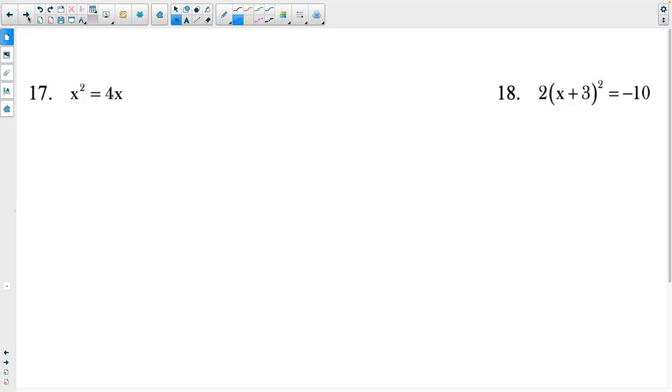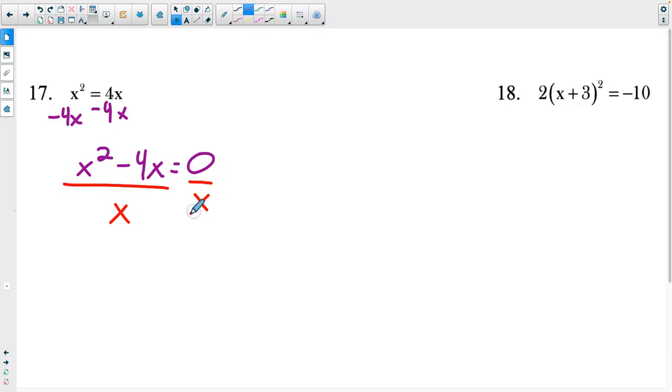Number 17. How do we start this? What's 0 divided by x?